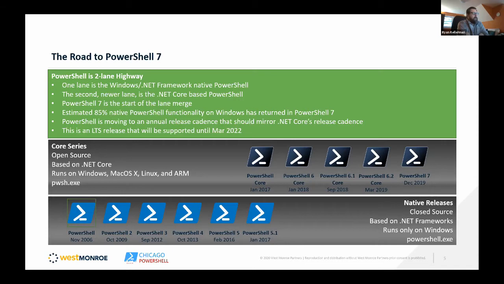The way PowerShell is being released and updated now is changing as well. PowerShell is moving into an annual cadence, so we can expect annual releases of PowerShell Core going forward, which also leads us into the familiar world of having long-term servicing releases. So PowerShell 7 is actually an LTS release, and it will be supported at least through March of 2022, based on 3 years after the release of March 2020.